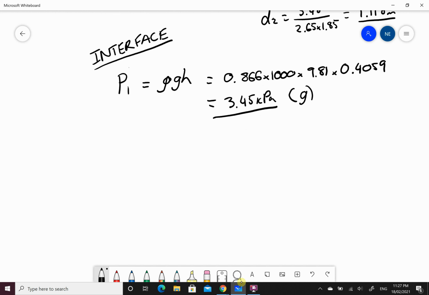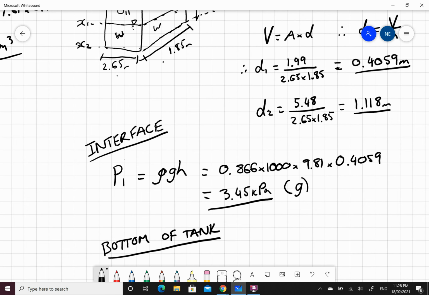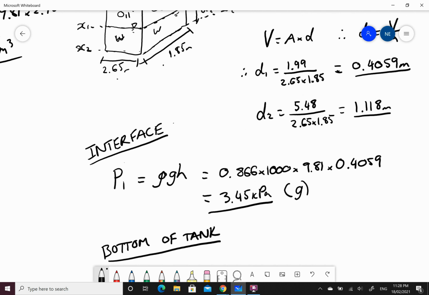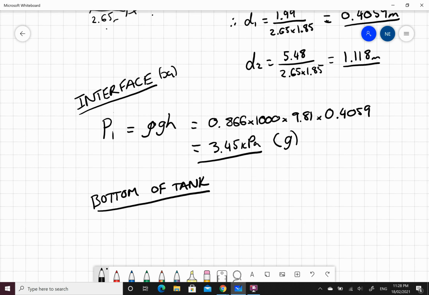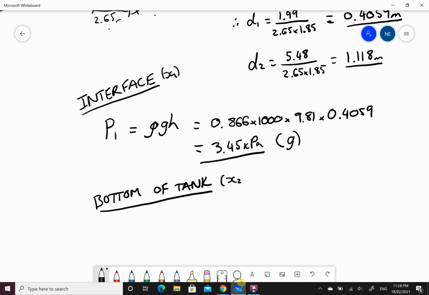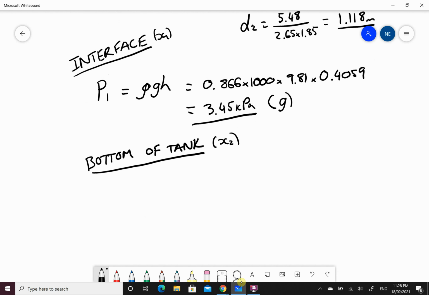Alright, now at the bottom of the tank, along X2. This here is X1, this here is X2. My P2 is easily going to be P1, the weight of the oil, plus everything to do with the water, which is rho G D2.